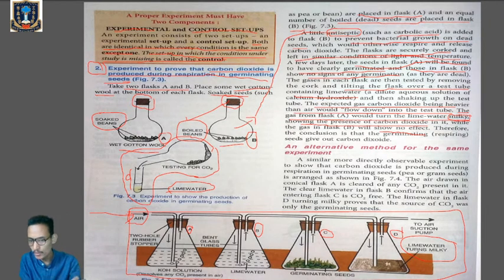Clear? So remember, over here we have taken four conical flasks: A, B, C, D. A contains KOH, potassium hydroxide solution, which will absorb all the carbon dioxide. When we introduce air into flask A, the carbon dioxide present in that air will be absorbed by the KOH solution, and the air free of carbon dioxide will go to flask B, where it will not turn lime water milky because there is no carbon dioxide.